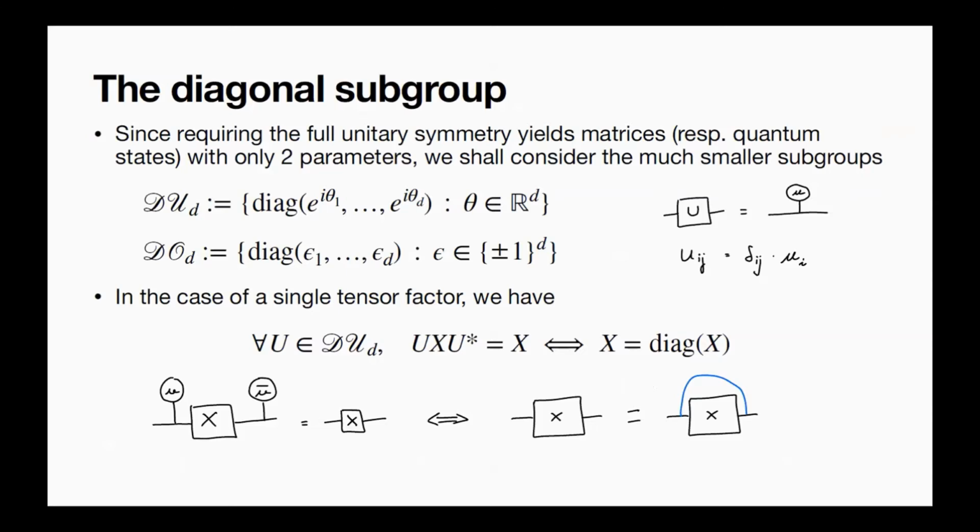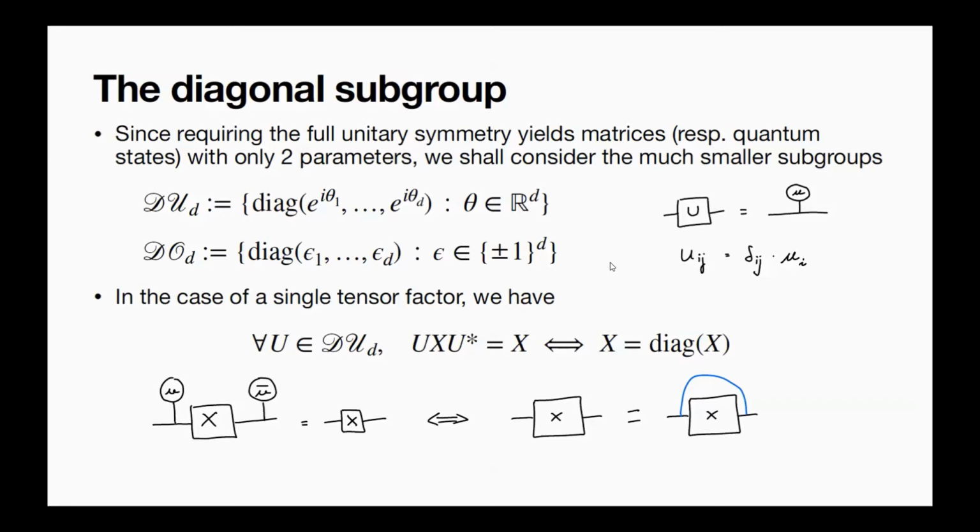And why not look at this torus group? So these are just the diagonal unitary matrices. So from now on, I will be focusing on symmetry, but not with the full unitary group, but with the subgroup of diagonal unitary or orthogonal matrices. If you look at unitaries, basically you have phases. If you look at orthogonal matrices, you have signs on the diagonal.